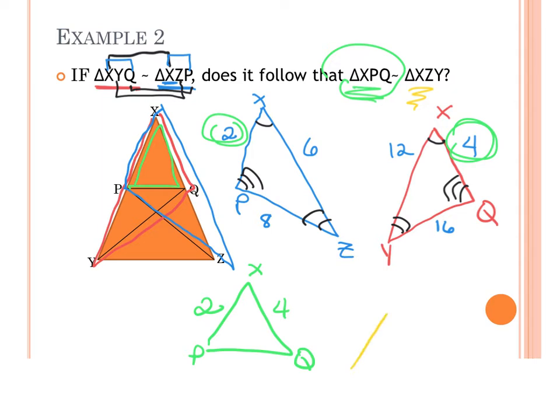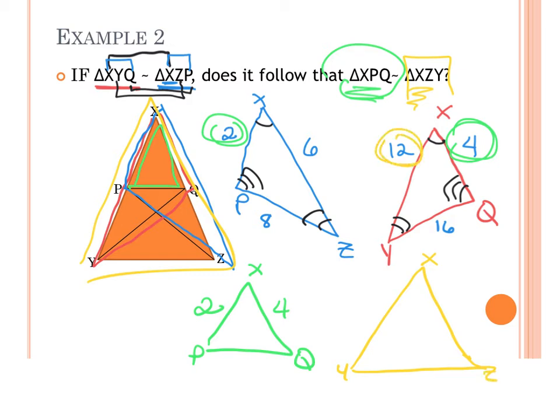Then the next one, XZY, is the whole large triangle. And I'm going to add in their numbers. Let me add in the letters too. X, Y, Z. And I know that XY is 12 and XZ is 6.